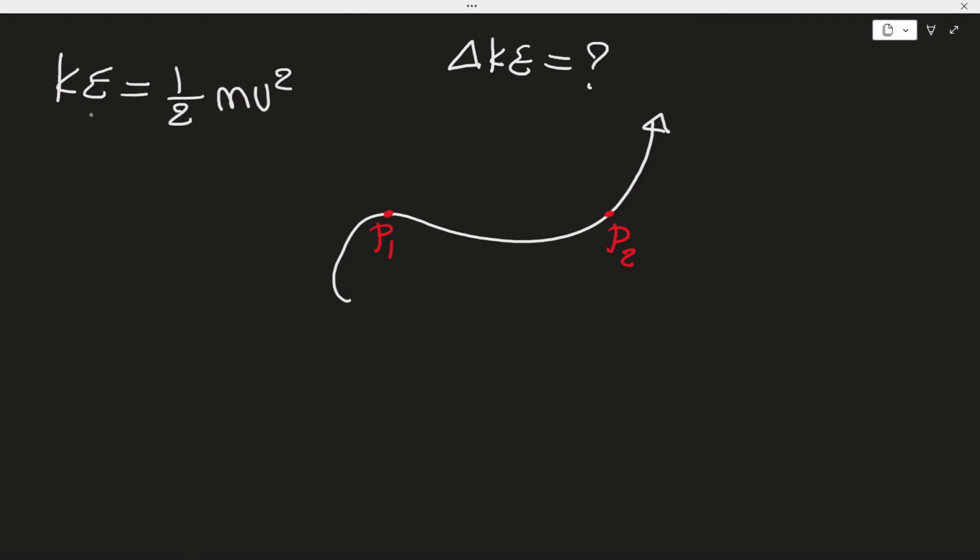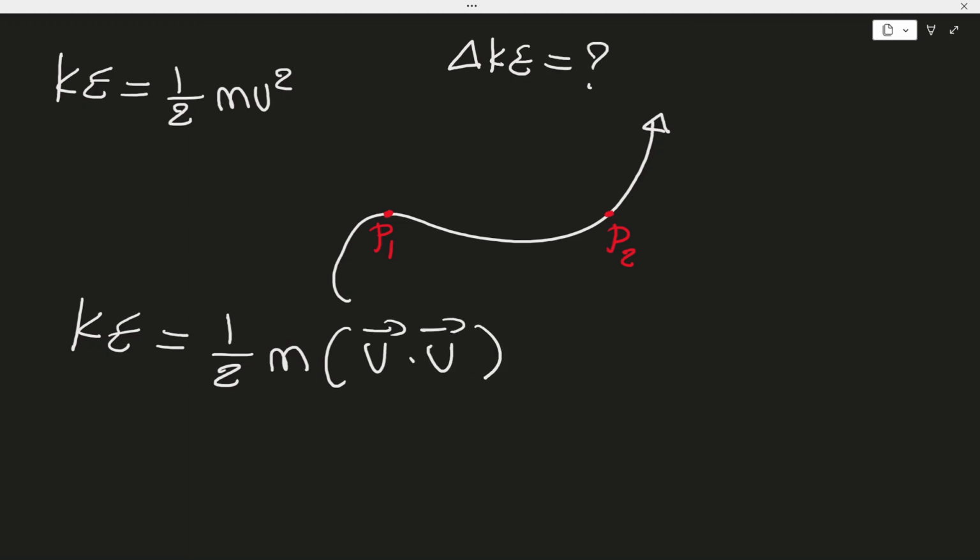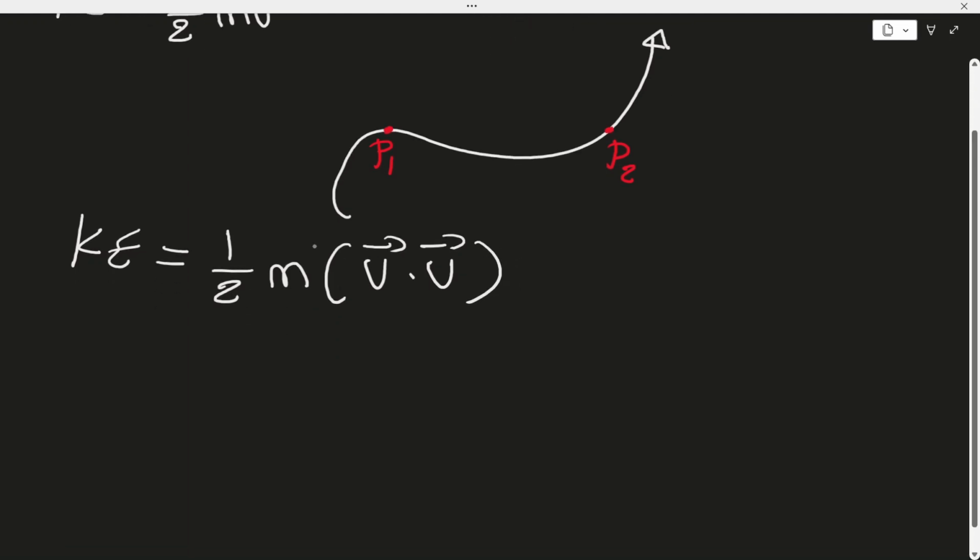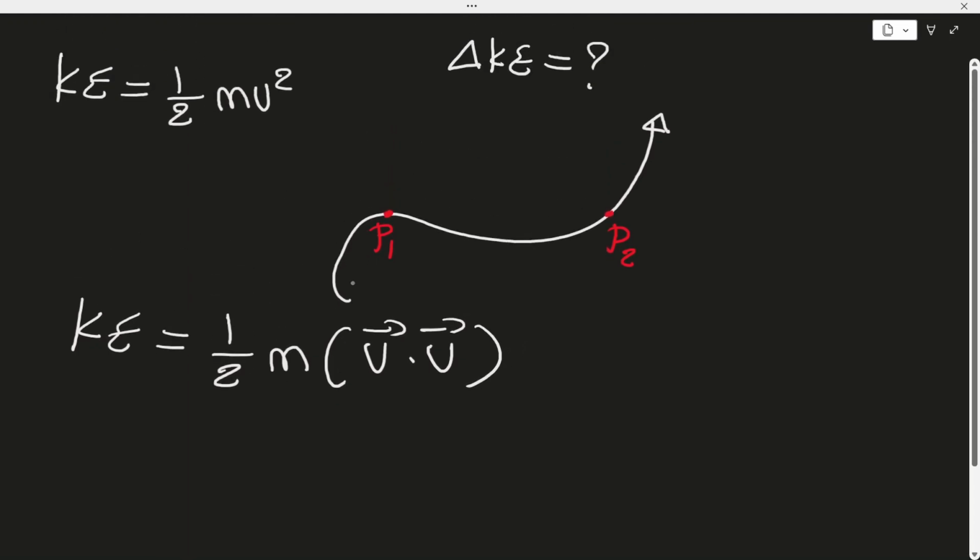But before that, we have to express the kinetic energy in another way. We can write kinetic energy as 1 over 2 m, velocity vector dot product with the velocity vector, because they are equivalent. The scalar v squared can be written as a dot product of two velocity vectors.